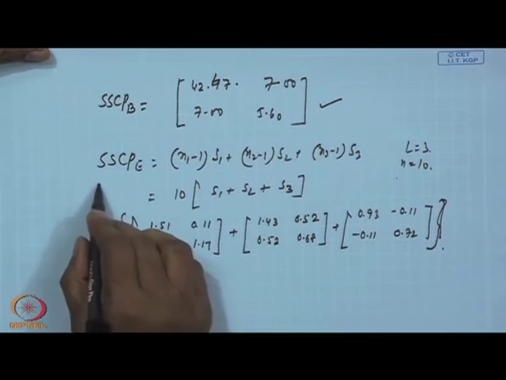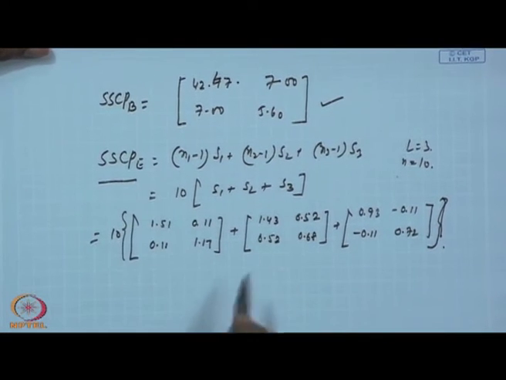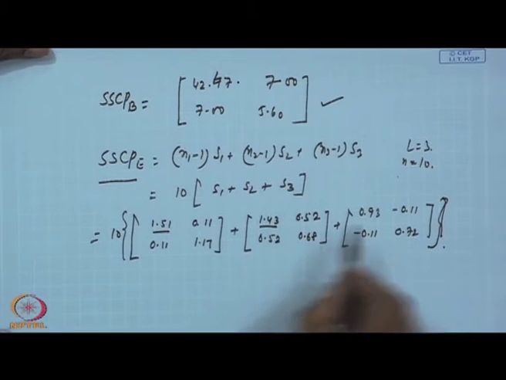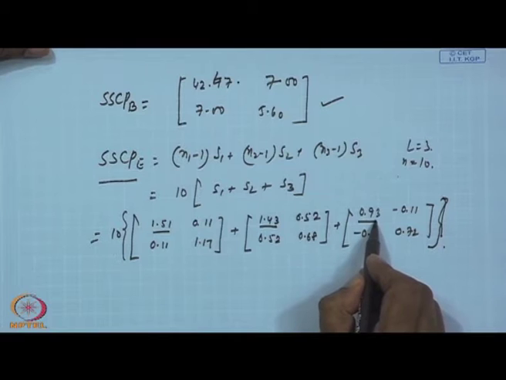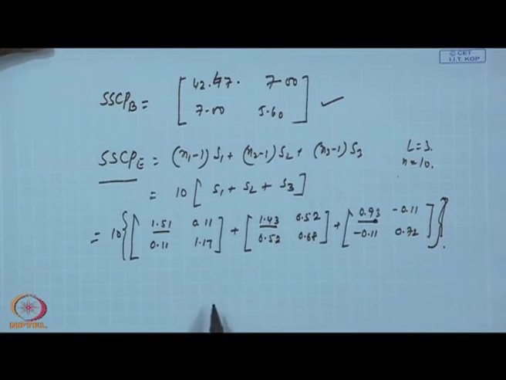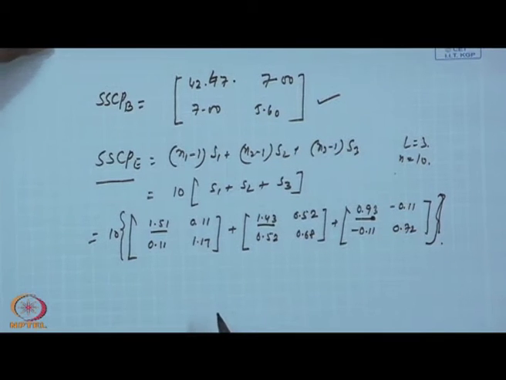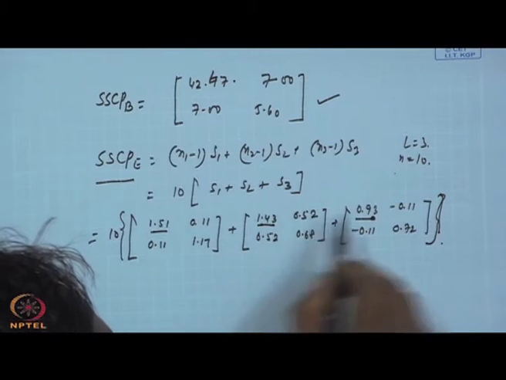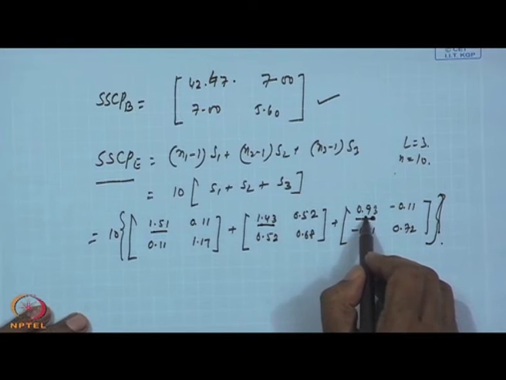This is your SSCP-E. If you see 1.51, 1.43 and 0.93, and you add them, you will be getting 15, 14, the 29 plus 9, almost 33 point something.